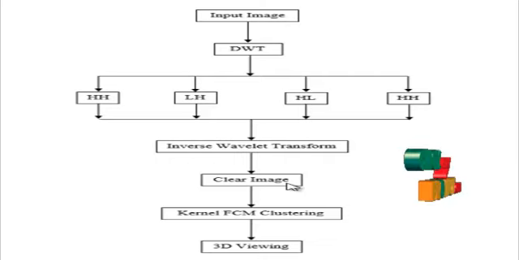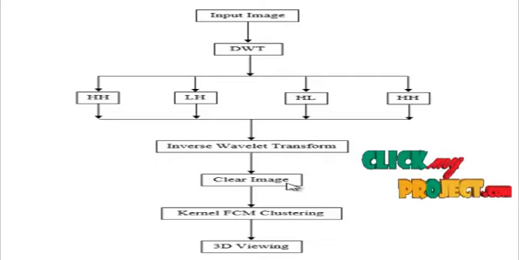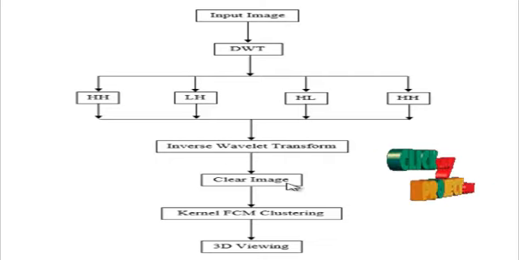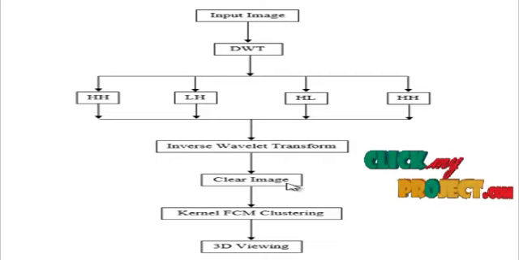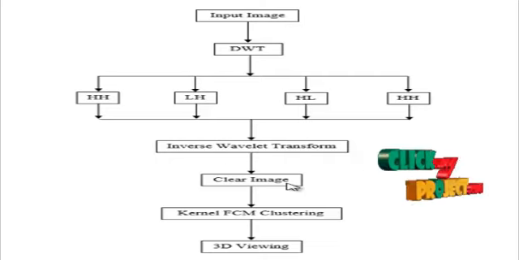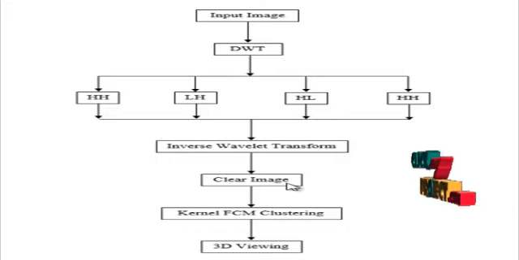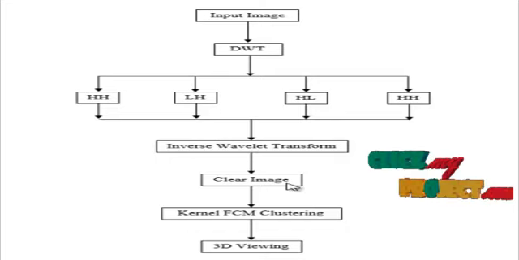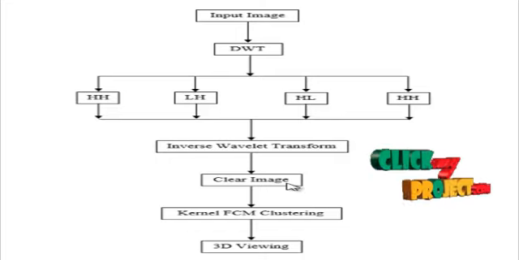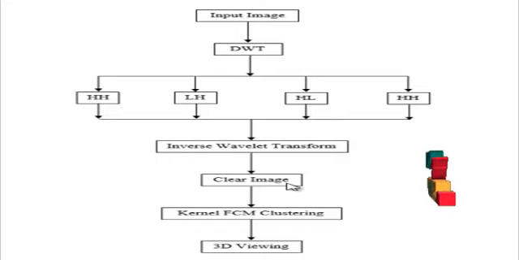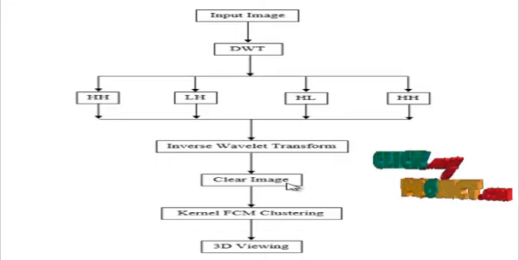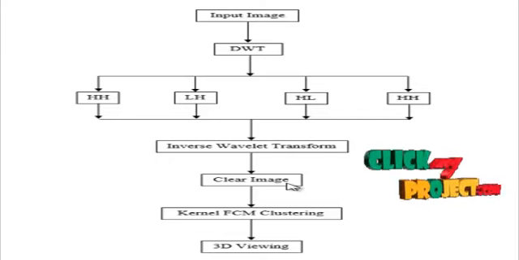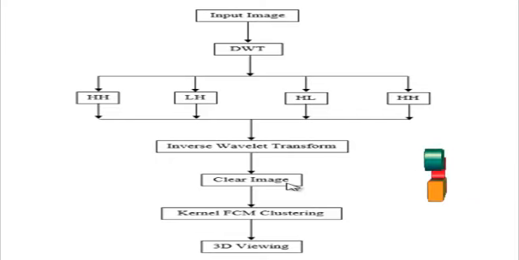In the kernel FCM clustering, the fuzzy C-means clustering is combined with the kernel objectives, and the fuzzy C-means clustering identifies the similar intensities in the images, removes the unwanted pixels and groups the pixels in order to identify different locations in the images.